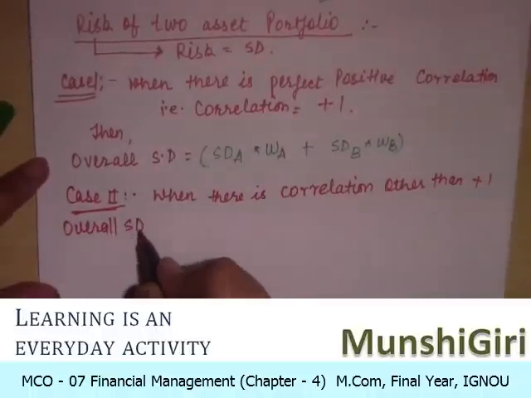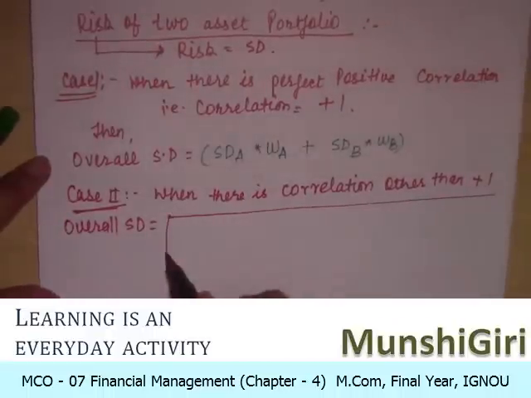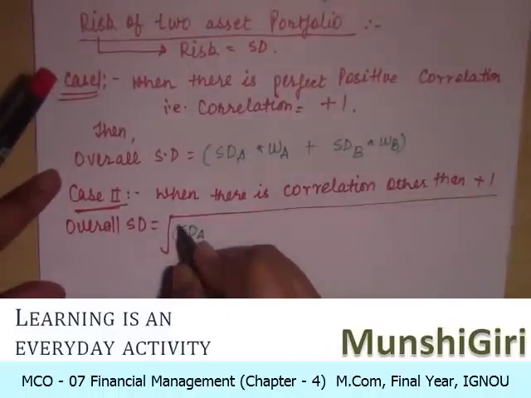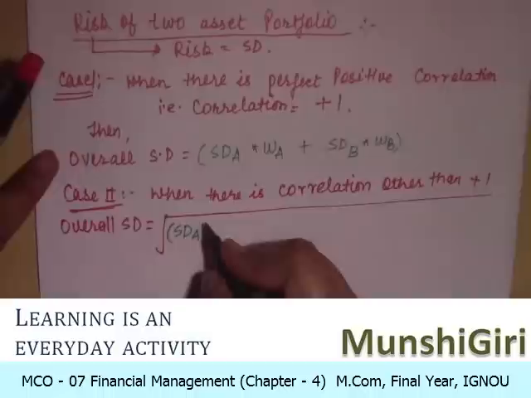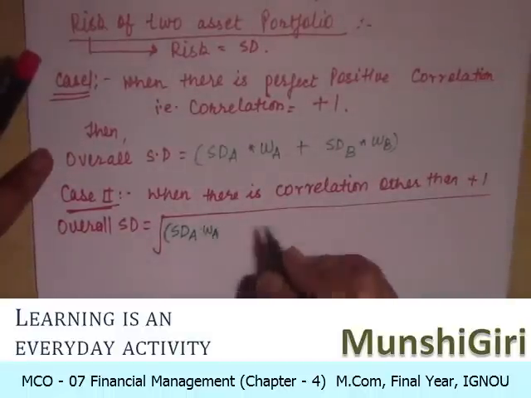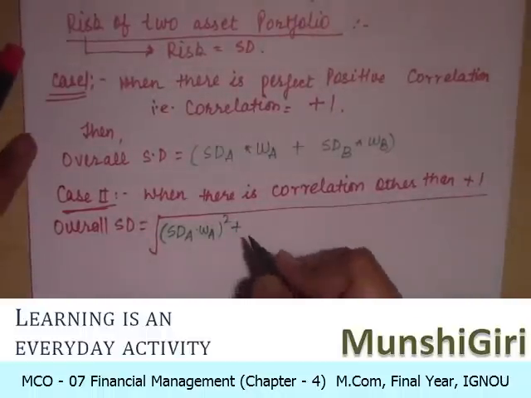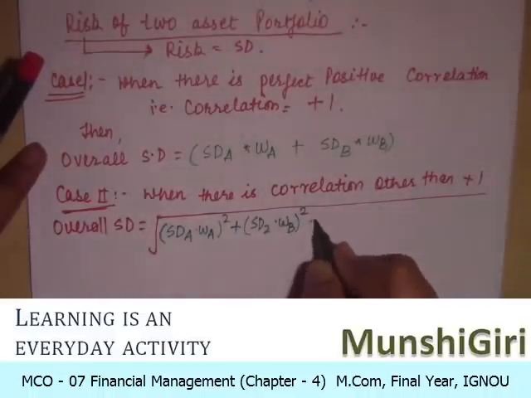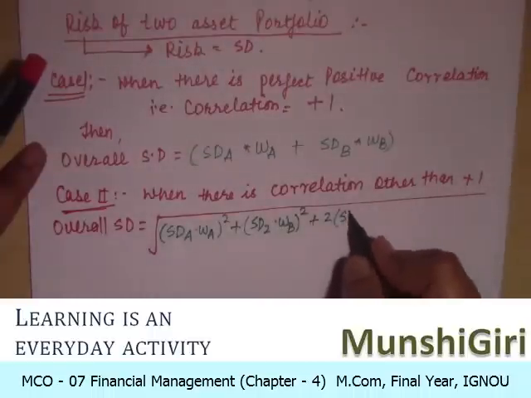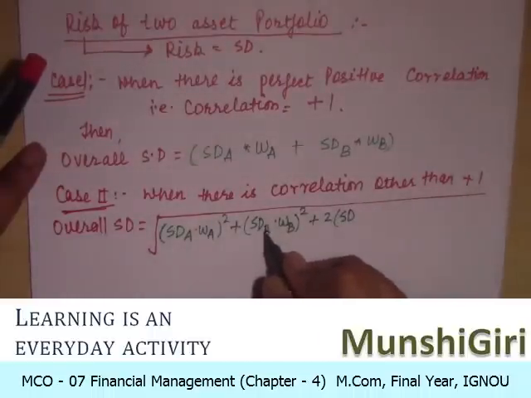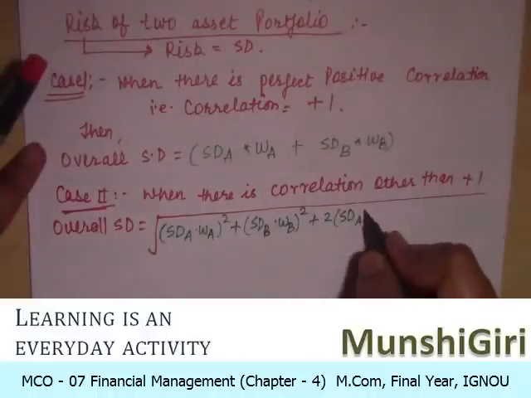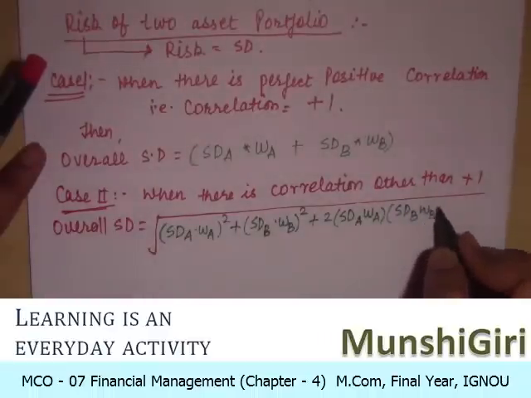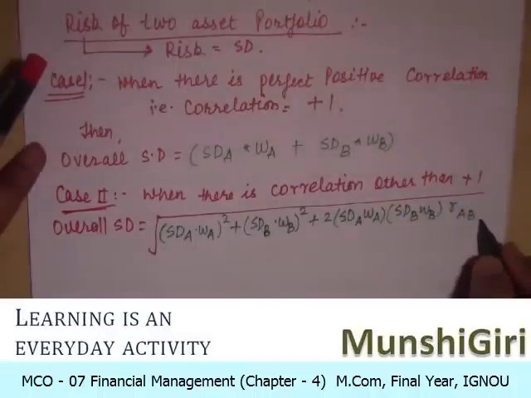Overall standard deviation is equal to the square root of standard deviation of A, the first security, into weight of A whole square, plus standard deviation of B into weight of B whole square, plus twice of standard deviation of A into weight of A into standard deviation of B into weight of B and correlation AB.